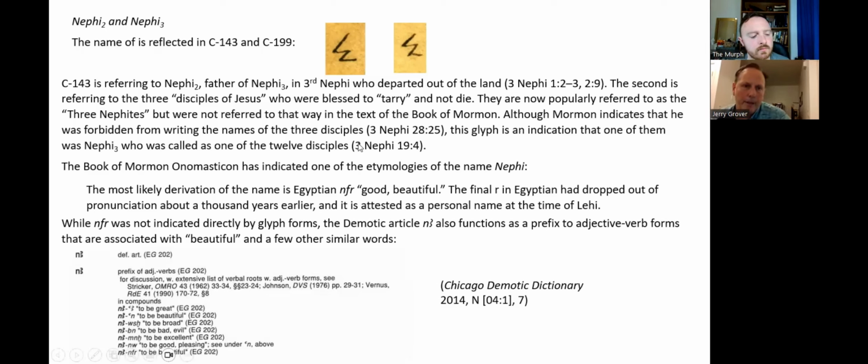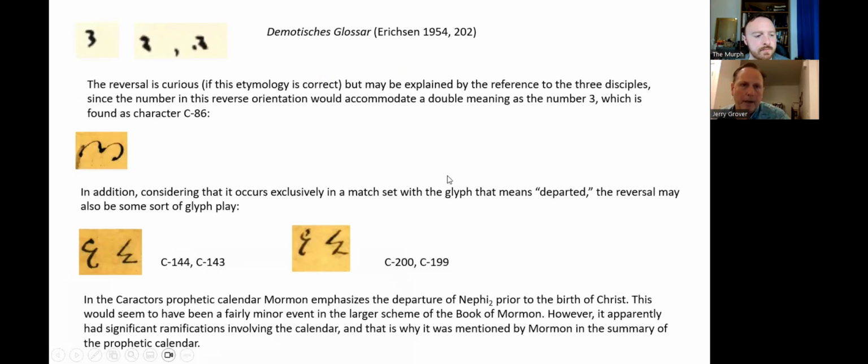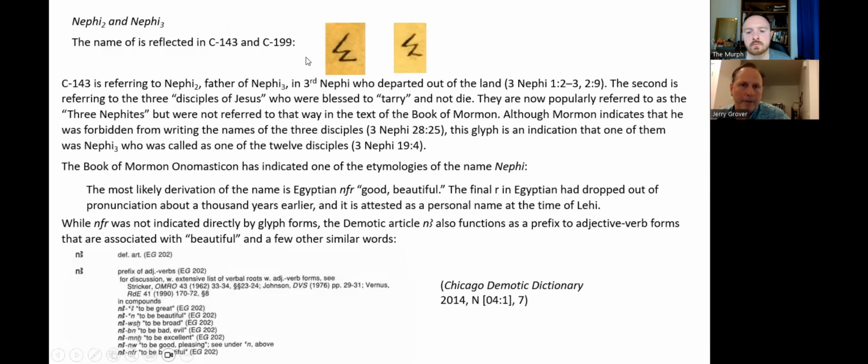And so these forms here match a prefix that means beautiful, because we know Nefer means good or beautiful, and we see that in the Book of Mormon, where he says "goodly parents."